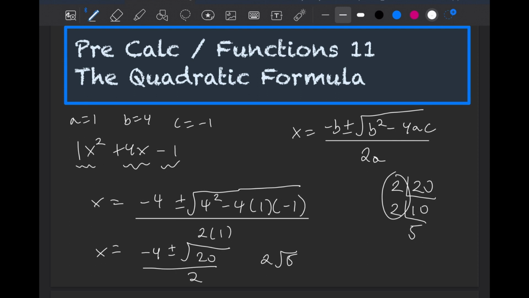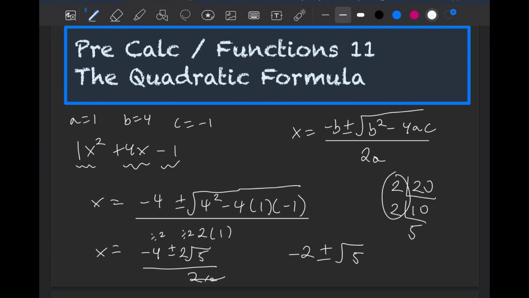Since everything is divisible by 2, minus 4, 2, and 2, I'm just going to divide out a 2. So this is gone, and then our final answer would just be minus 2 plus or minus root 5.